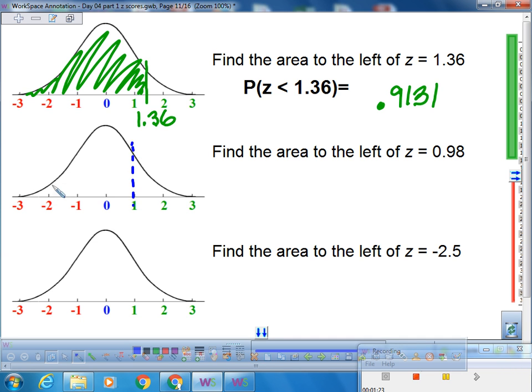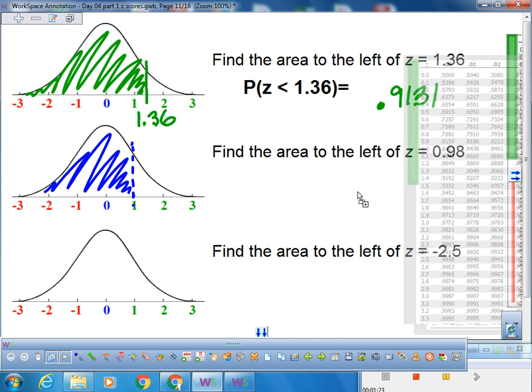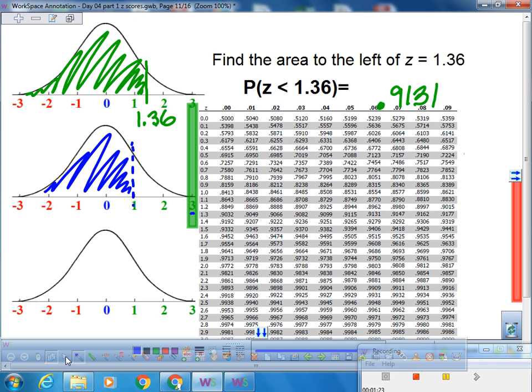You want to find that area. Because you have negative z-scores too. Flip it over. Let's see, 0.98. 0.98 is 0.8365.